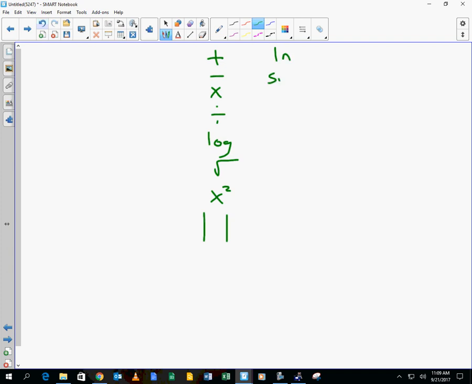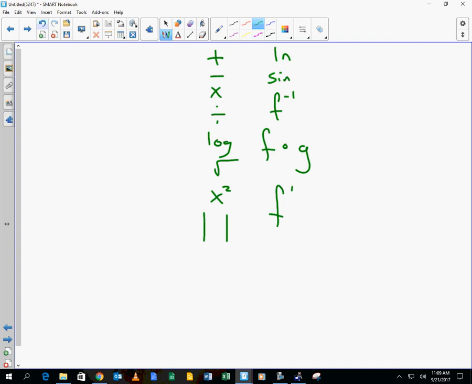Natural log, sine of something. How about an inverse operation on a function? Did we learn that last year? Did you learn how to compose functions last year? So all of a sudden you're like, wow, we've got a lot of different operations. Here's the operation you're learning today. If you see, very good. I thought we made the joke last year.